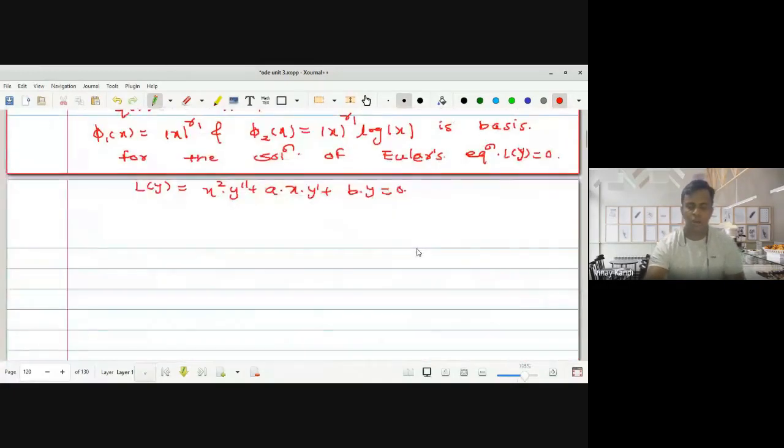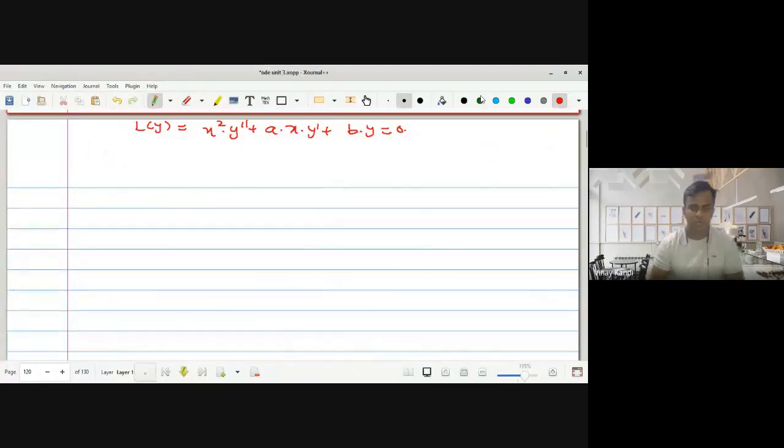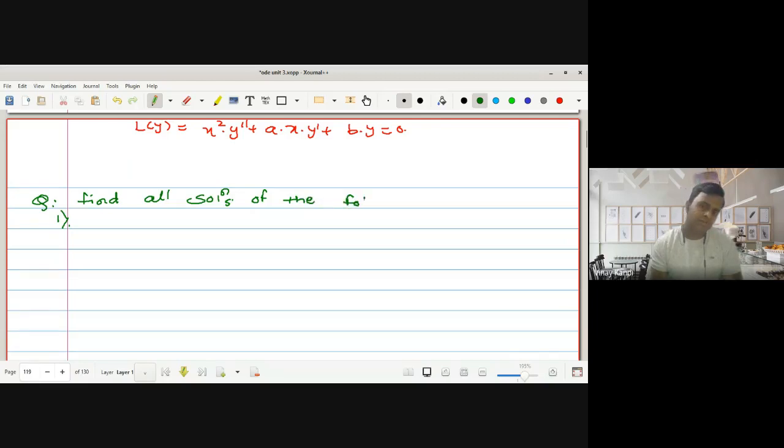Okay. Now, next question is find all the solutions of following equation. Question number 1. Find all solutions of the following equation.